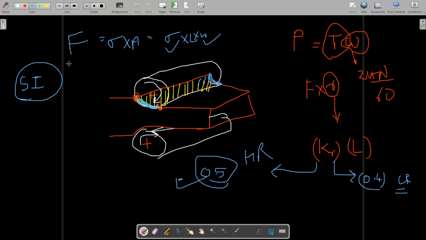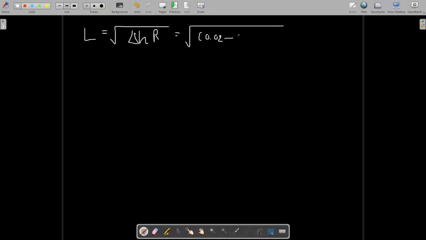So first let's find L. L is given by the square root of delta H, the reduction in thickness, into R. Delta H is 20 mm minus 18 mm, that is 0.02 minus 0.018, and the roll radius is 250 mm, so 0.25.